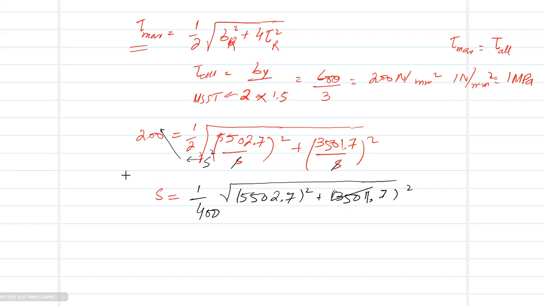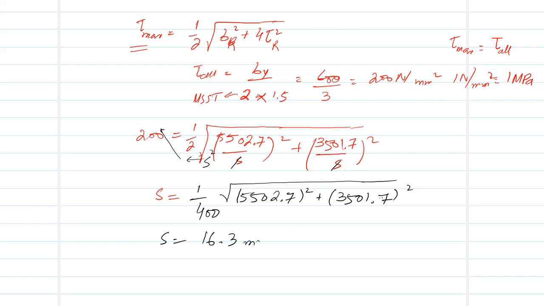So S will come out to be the square root of 5502.7 square plus 3501.7 square, divided by 400. The value will come out to be 16.3 mm.